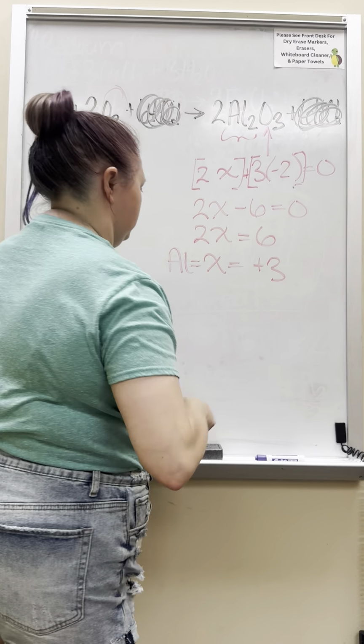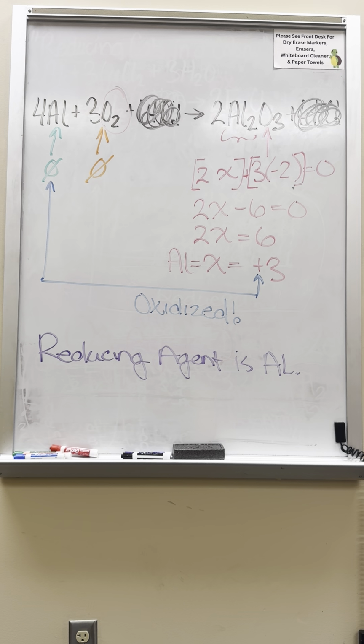So therefore, your reducing agent is aluminum. So that's how you can turn it on its tail. Pay attention to what she's asking for.